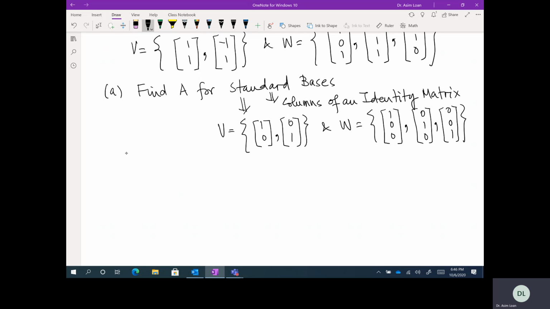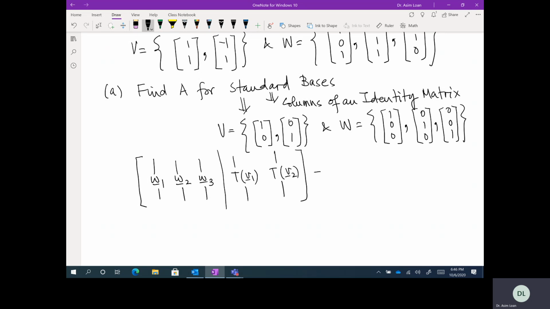So we form the matrix. The matrix is W1, W2, W3 equal to T of V1, T of V2, and W1, W2, W3 is already identity.